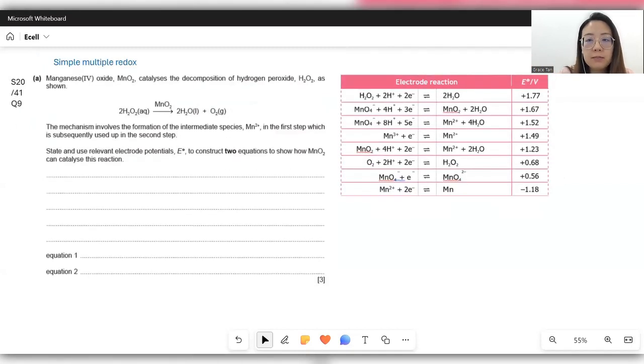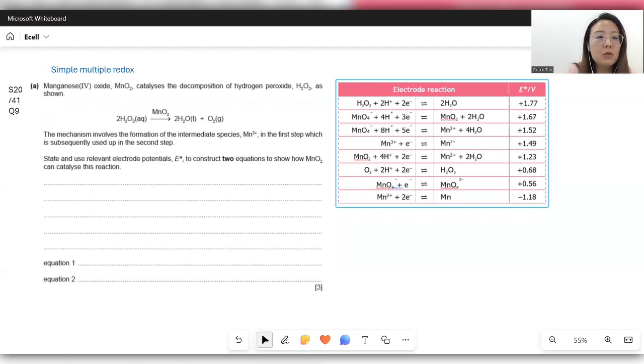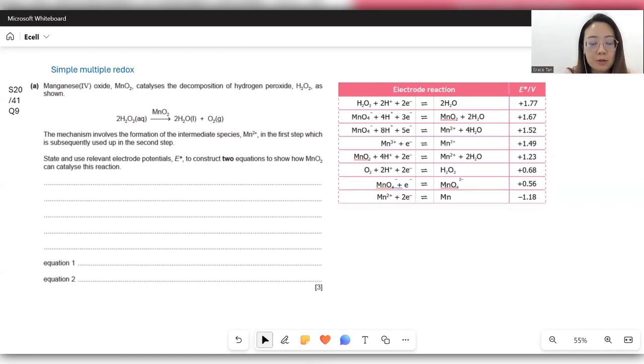I have extracted anything to do with manganese because it's a transition metal, so anything to do with Mn, you just take it out first, and hydrogen peroxide. Once you have extracted everything, align from most positive to least positive.